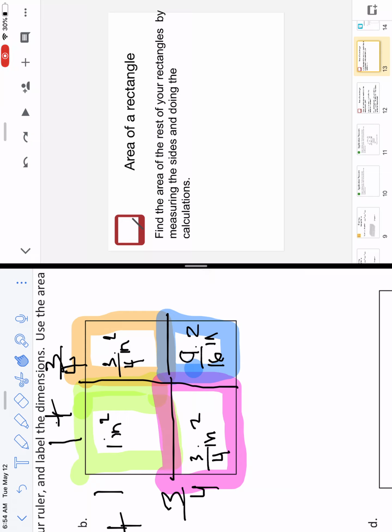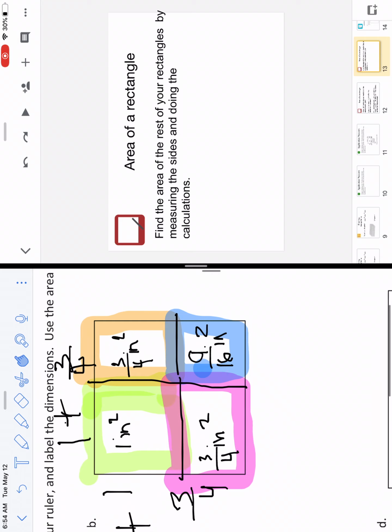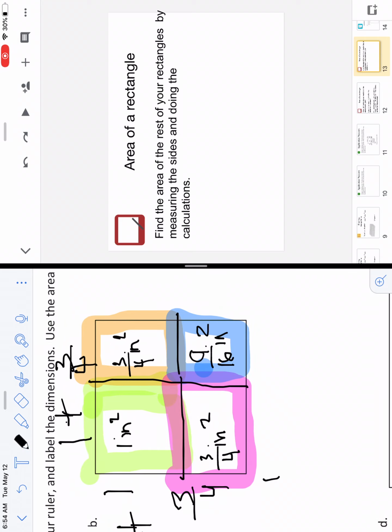So now I have to add all of these together. I have 1 plus 3/4 plus 3/4 plus 9/16. Well, you can add 3/4 plus 3/4, right?